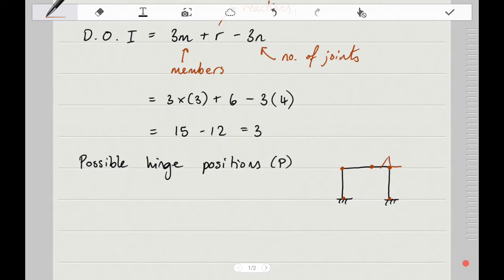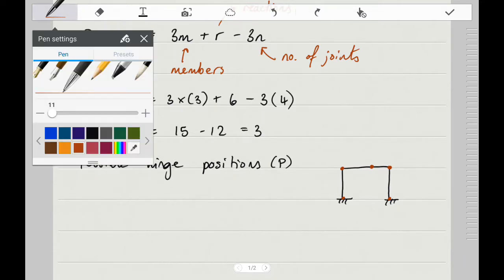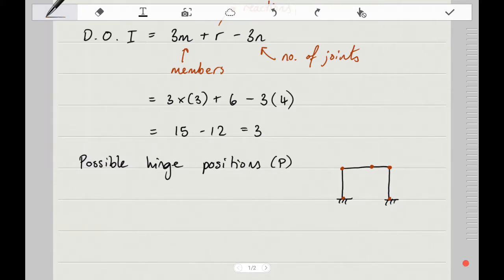So that's the likeliness of those creating plastic hinges first. Okay, so we come up with 5 possible positions of plastic hinges. We're going to say P equals 5.